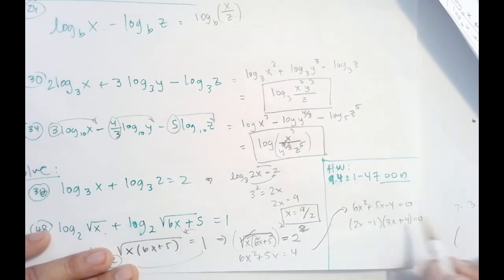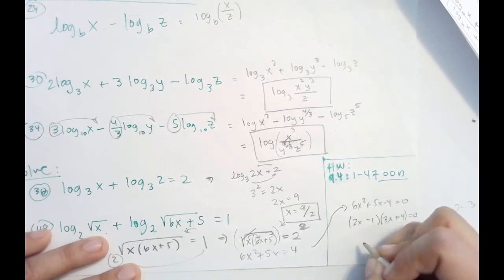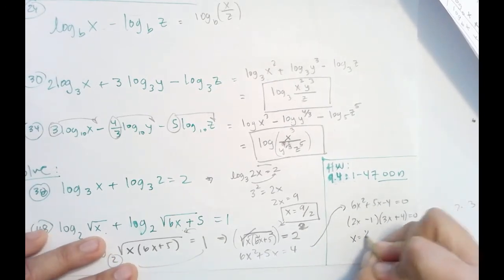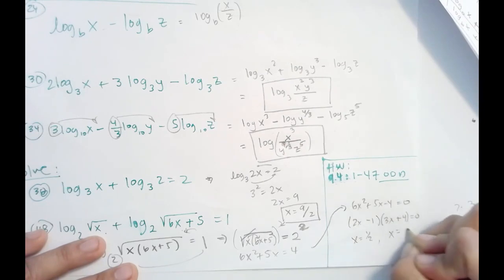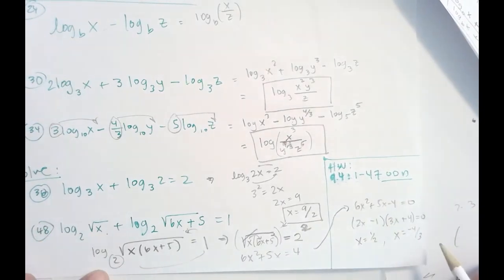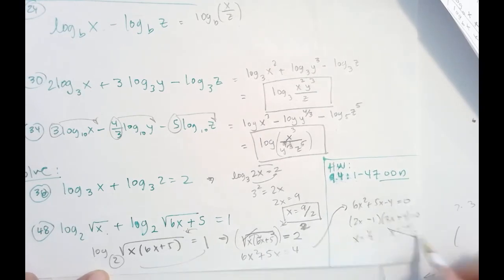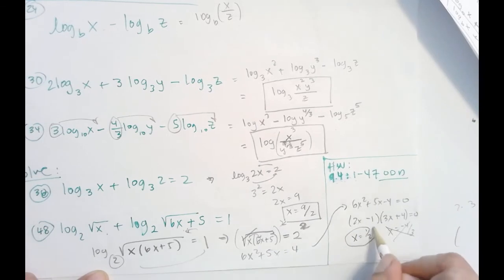So that would give you 8x minus 3. So you could do the reverse box method to factor this. I don't have space, but you guys can go ahead and do it. And you would get x is equal to 1/2. And x is equal to negative 4/3. And negative 4/3 would give us an extraneous answer, so you cancel that out. So you're left with x is equal to 1/2, okay?